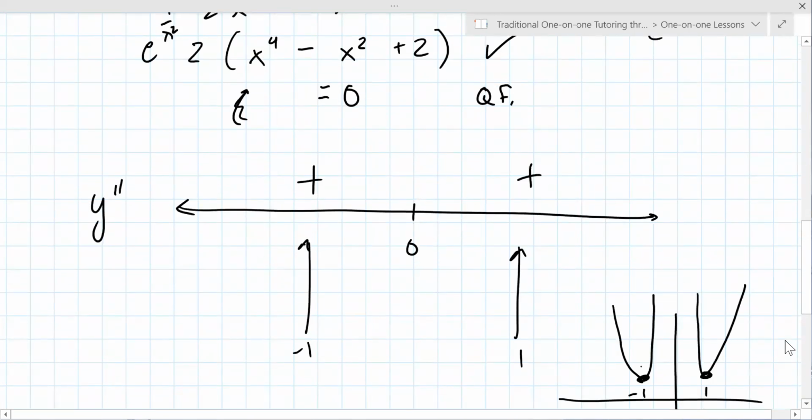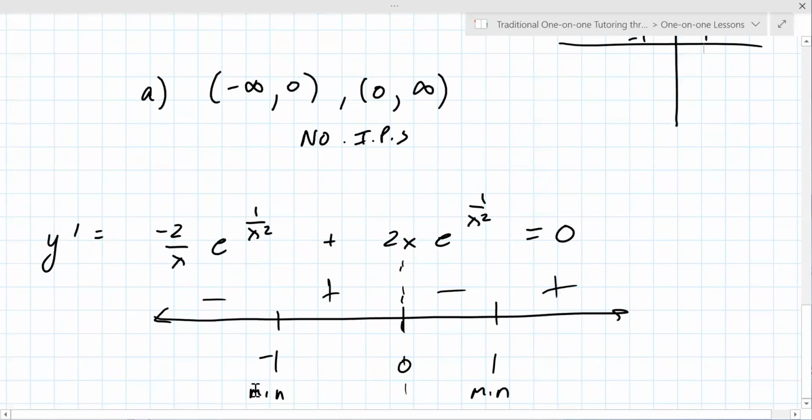So then do extreme values come from the first derivative? Yes, first derivative. And there are 2 mins, 2 relative mins. What about zero? Oh, but zero is excluded. Yeah, it's excluded. It's an asymptote in the original graph. Gotcha.